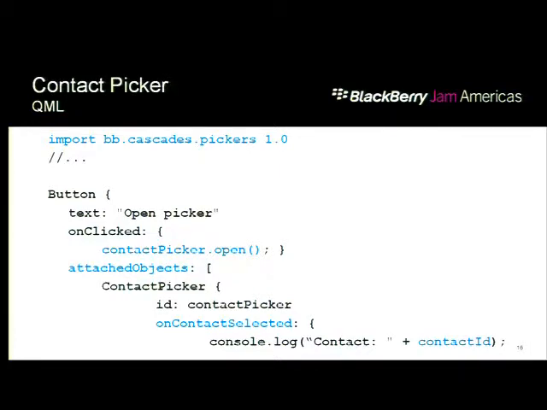Until this open method fires, it's just an invisible thing that doesn't do anything. So you attach it to something. Maybe it's a button, maybe someone touches a screen, maybe some event fires in your application that means you have to pick a contact. But you pick it, and then you get this onContactSelected signal back, and that is your contact ID. So from there, do whatever you wanted to do with it.